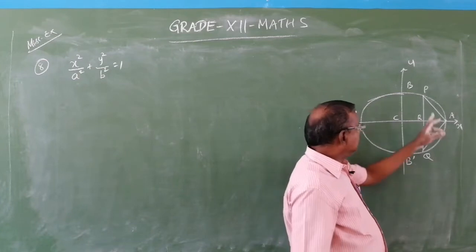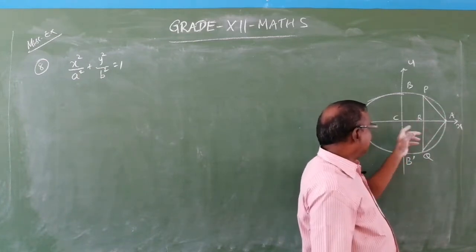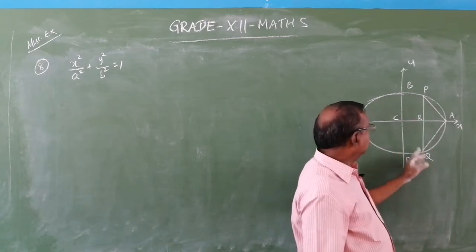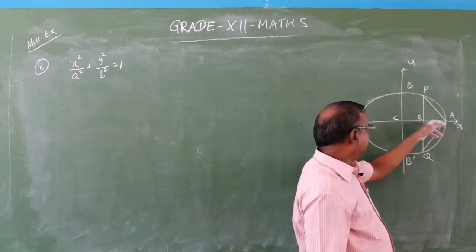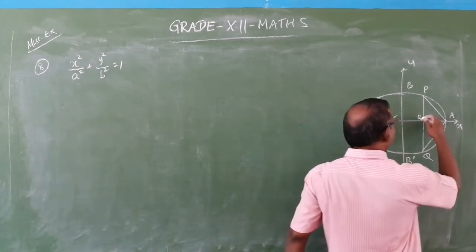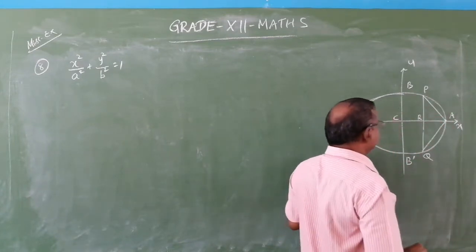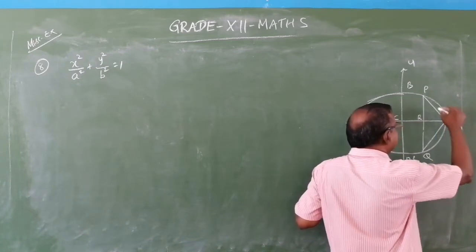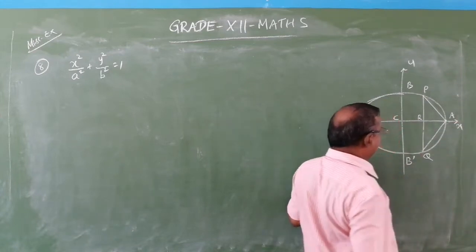Now any chord which is parallel to the minor axis is bisected by the major axis. So here PQ is a chord parallel to the minor axis, and definitely it is bisected by the major axis. Therefore PR equal to RQ. Similarly, from the vertex A, the distances AP and AQ are equal.